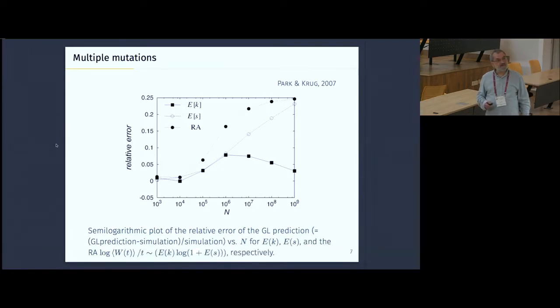And what you see is that all these are larger than expected from the Gerrish-Lenski theory, where the error would be 0. The rate of adaptation increases by some factor, 20 to 25%, with respect to what you get from the Gerrish-Lenski formula.